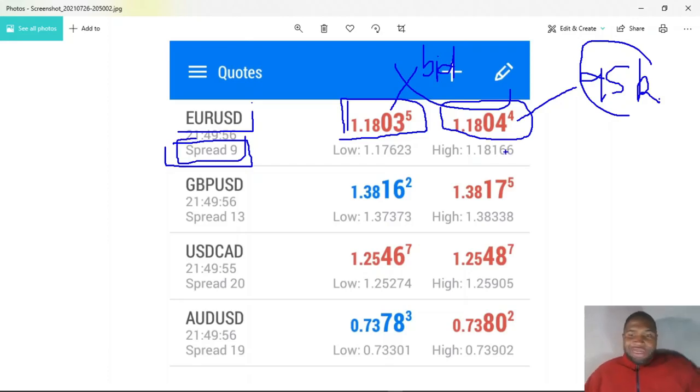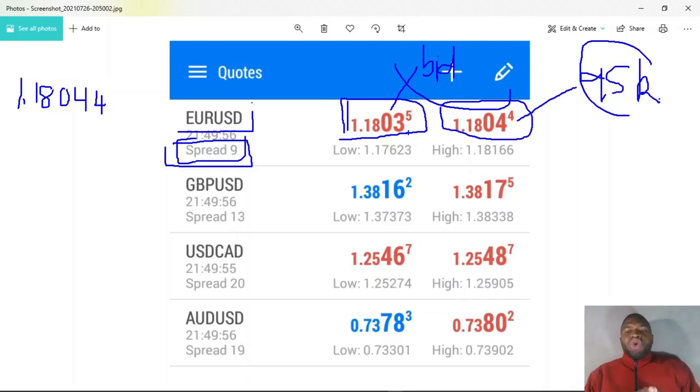Don't just take my word for it. Let us do the calculation. So you find that the ask price is always higher than the bid price, right? And the reason for that, should I tell you? All right, let me maybe just tell you for interest. The ask price is always higher than the bid price. Why? Because the ask price is the price at which you are going to buy a currency pair when you are trading.